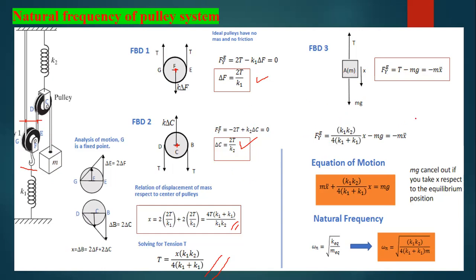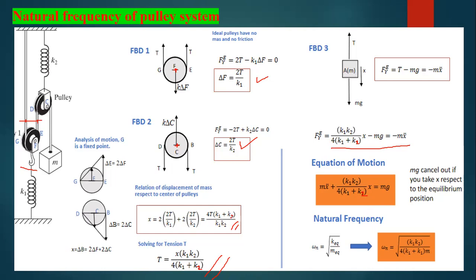So rearranging all these terms, finally we get the equation of motion: m x double dot plus (k1 plus k2) x equals mg. Here it should be k2, this was a mistake.